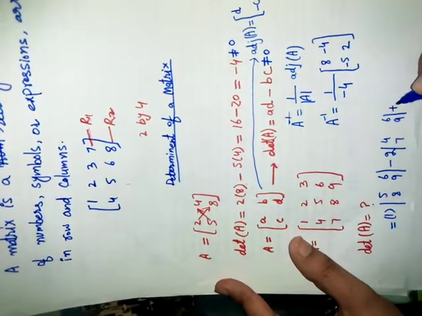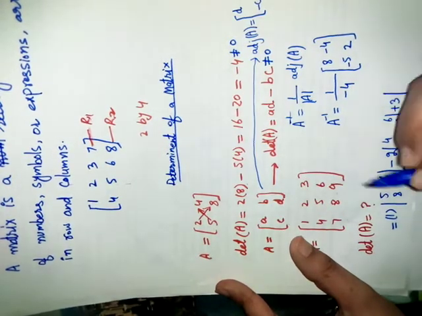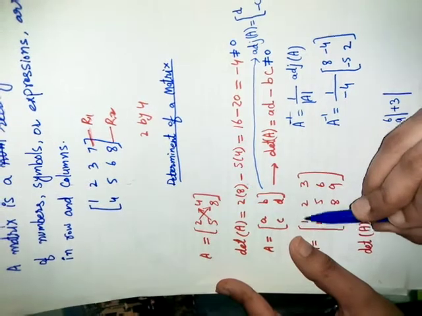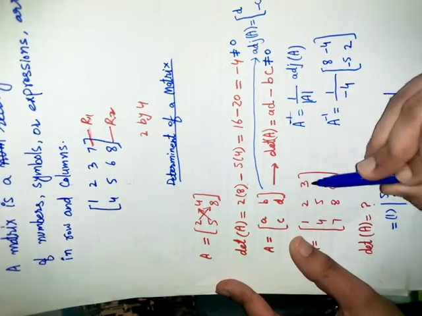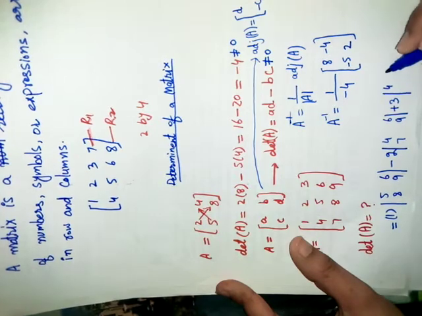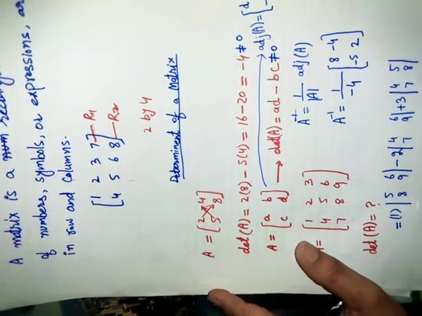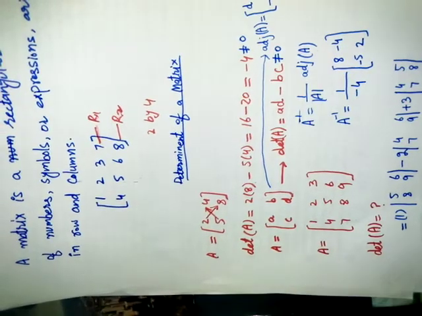Next the sign will be plus 3. Leave the row and column of 3. The row of 3 is this one and the column of 3 is this one: 4, 5, 7, 8. Evaluate it, this will be the determinant of A.